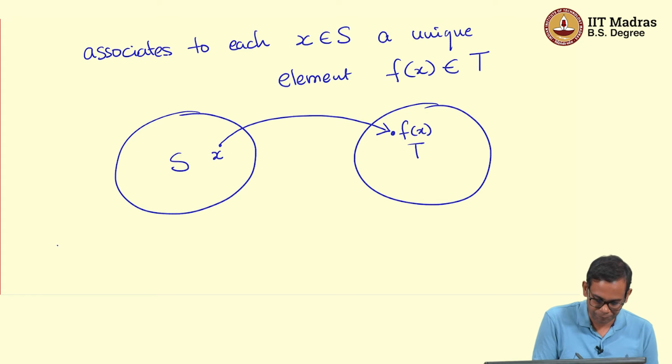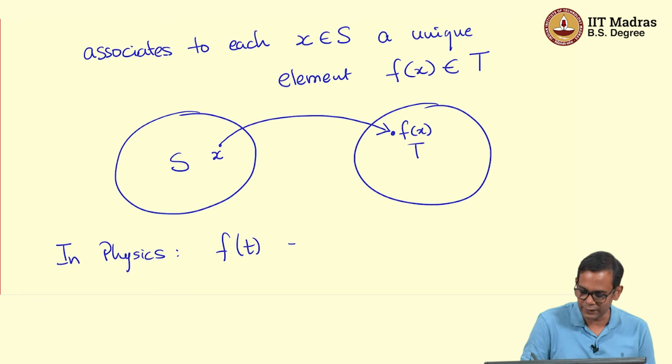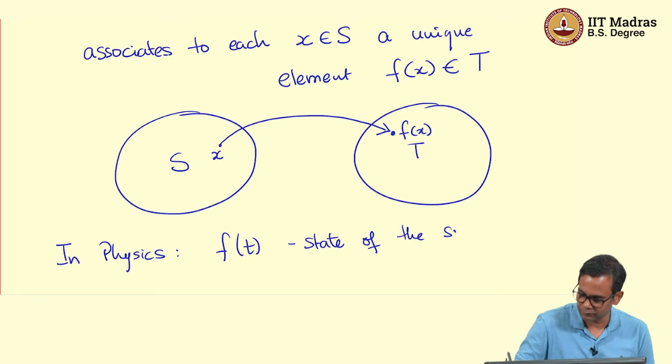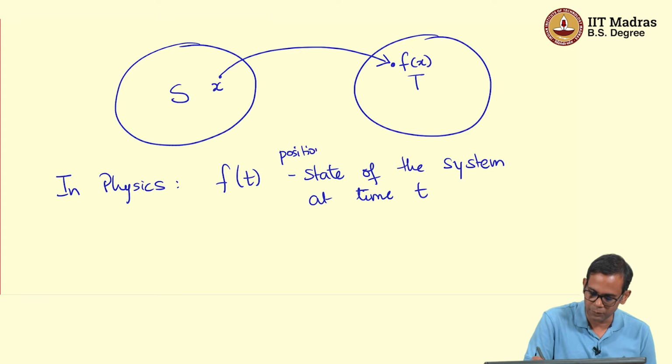So, a typical function in physics is f of t, which measures the state of the system at time t. The state could be position, momentum, temperature, velocity, whatever you like.